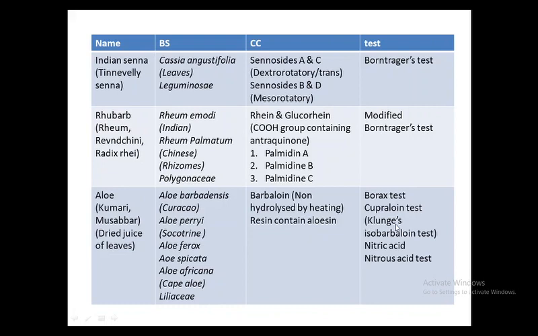This Klunge test specifically identifies the isobarbaloin in aloe. Next, nitric acid and nitrous acid tests. These are the different tests used for the identification of aloe glycosides.